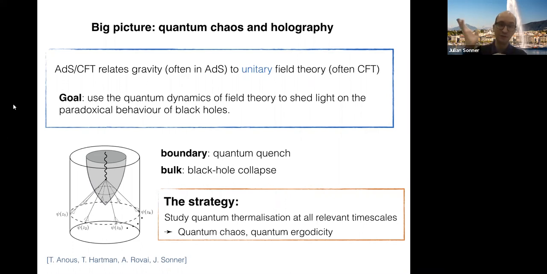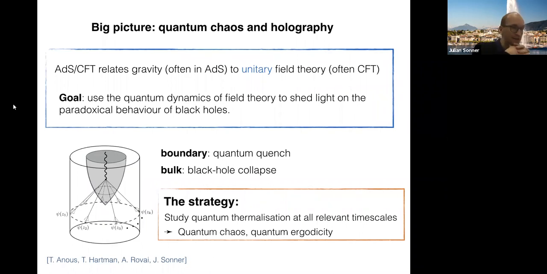And the full future evolution of this state should allow us to diagnose the full future evolution of the black hole in the bulk. So formation, subsequent evaporation. Of course, the devil is in the details. And so it's those details that many of us, I think, would like to understand. And so today I would like to essentially talk about a particular aspect of this, which is that from the field theory point of view, we are talking about some quantum thermalization problem.